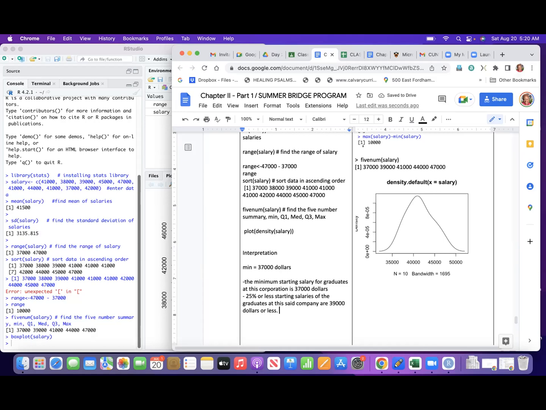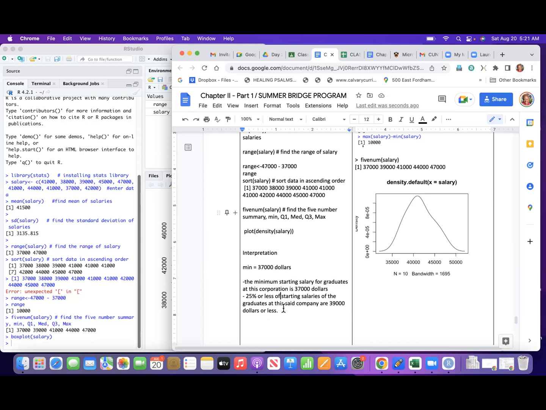What I'm trying to say is that 25% or less of the starting salaries of the graduates at the same company are $39,000 or less. I think it makes sense, because remember, 25% or under.